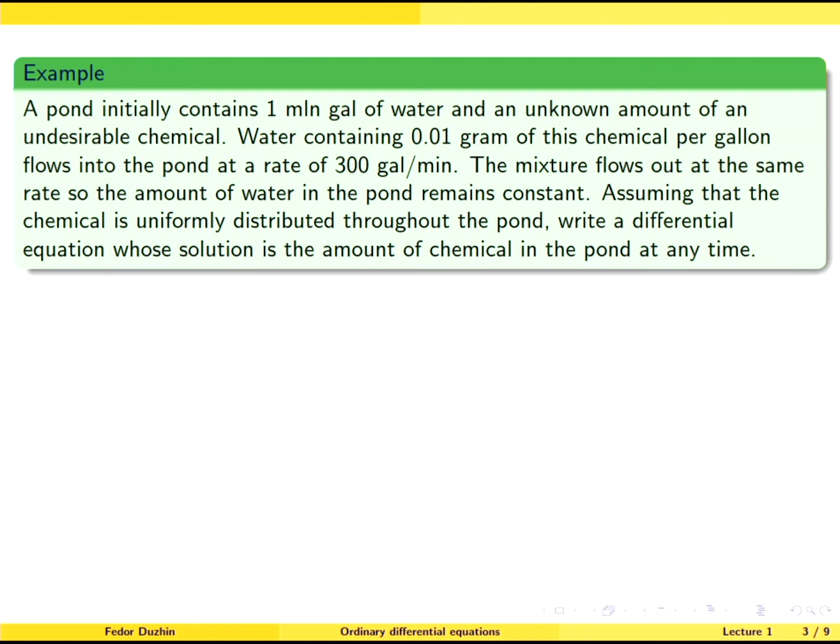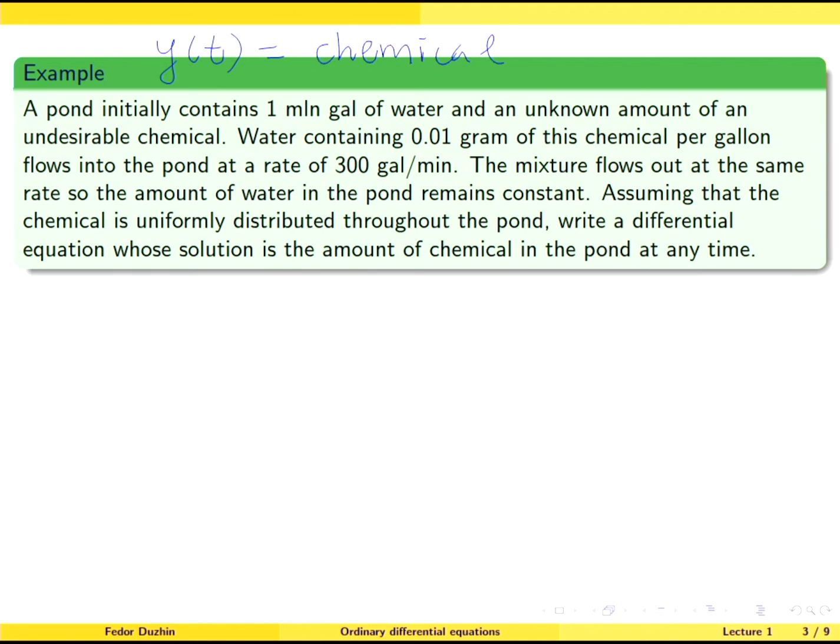So a pond initially contains 1 million gallons of water and an unknown amount of undesirable chemical. Right? So let me write that y of t is this unknown amount of undesirable chemical. So this is our chemical.